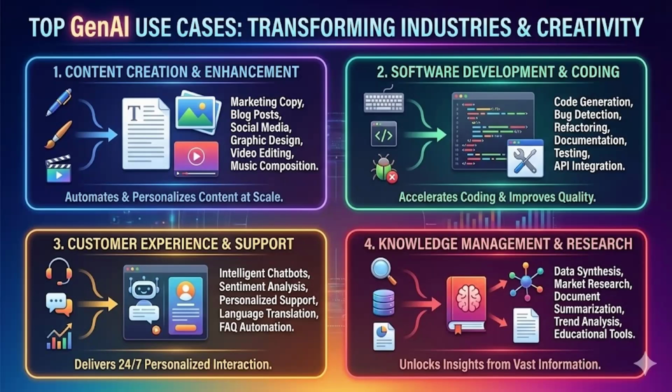And customer experience and support also became one of the very popular domains, where intelligent chatbots, sentiment analysis, and personalized recommendations, all these became possible, along with language translation, Google Translate for example. So many tools came to the market to provide 24 by 7 personalized interaction.